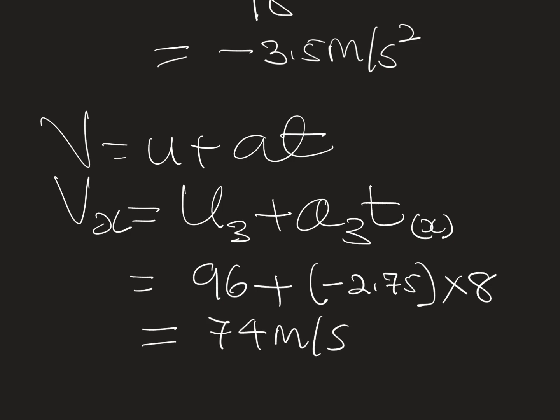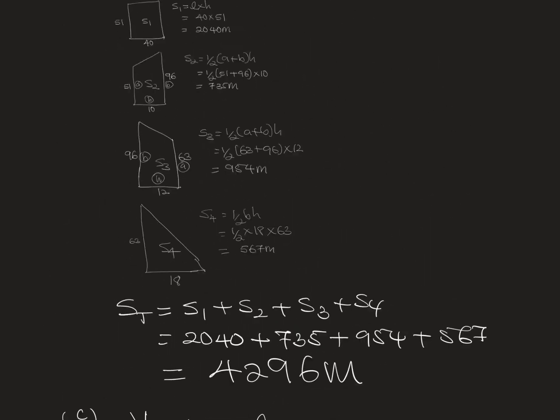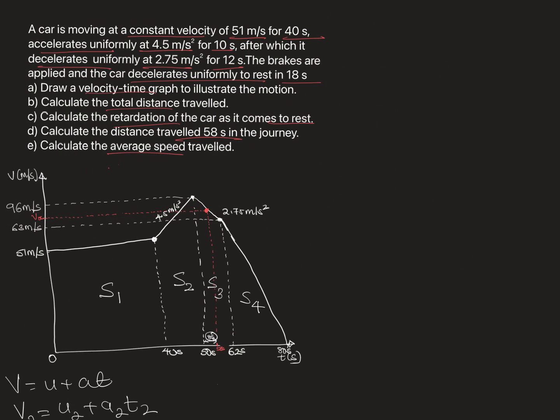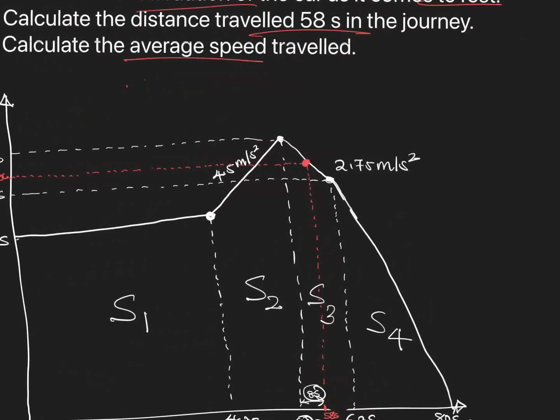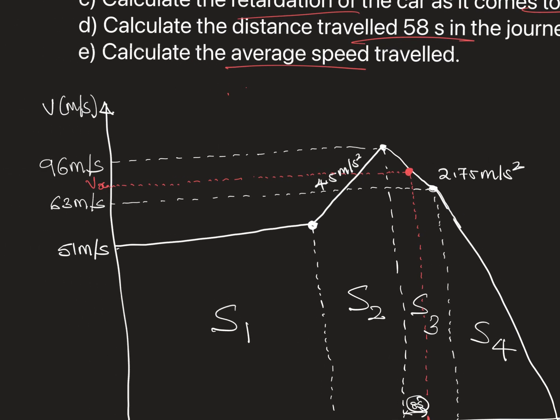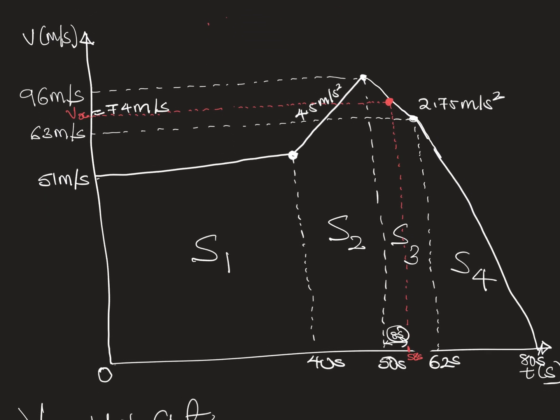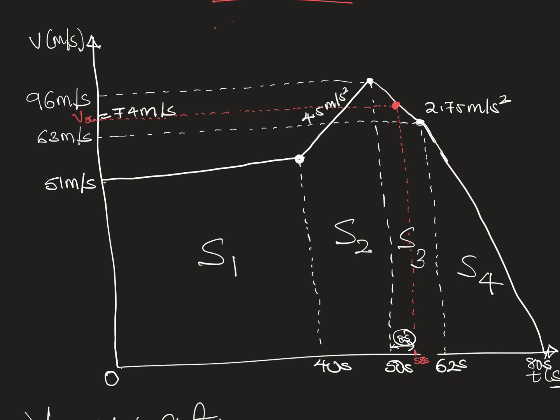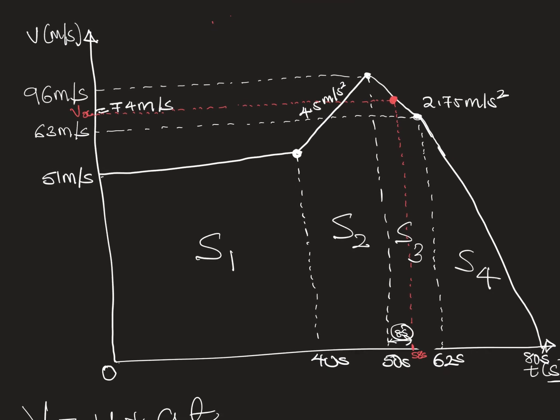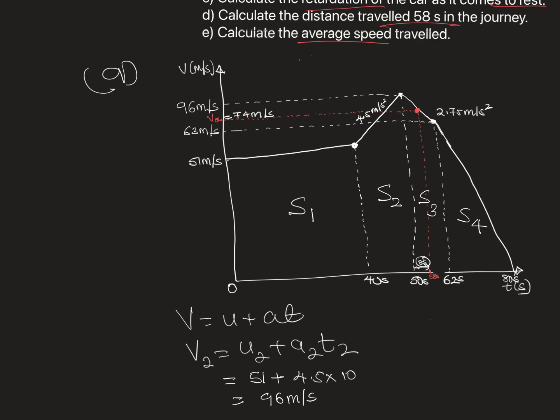So at 58 seconds in the journey, the car was traveling at a final velocity of 74 meters per second. I need to use that information to be able to know the distance.